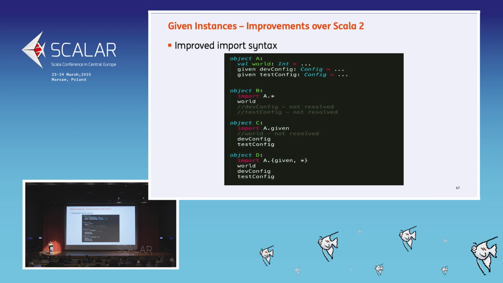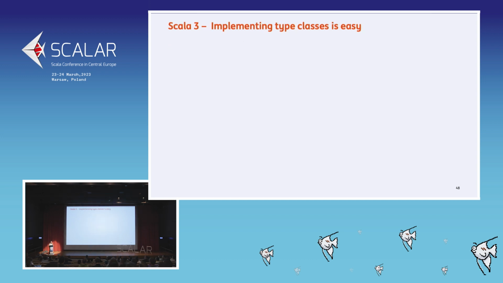Now with these changes in Scala 3 around the using clause, the givens, and the extension methods, our favorite work, which is implementing type classes, becomes a lot easier. If you have to implement type classes in Scala 3, the syntax is quite concrete and easy to understand, and we can look at an example.